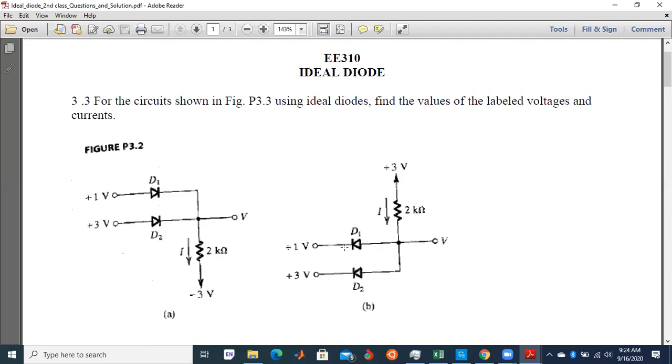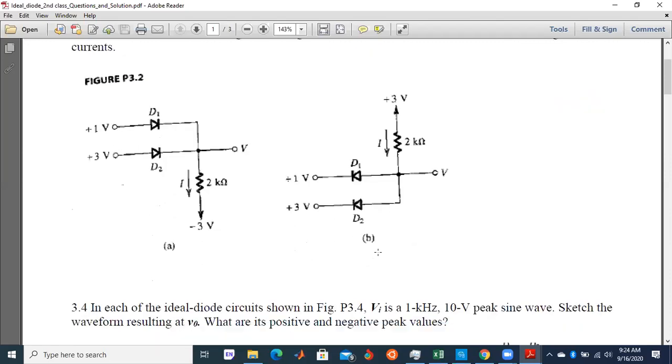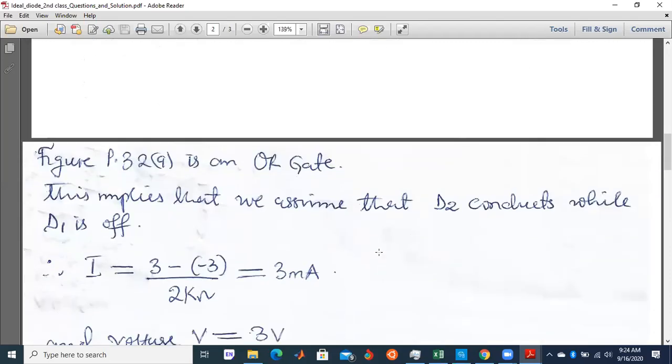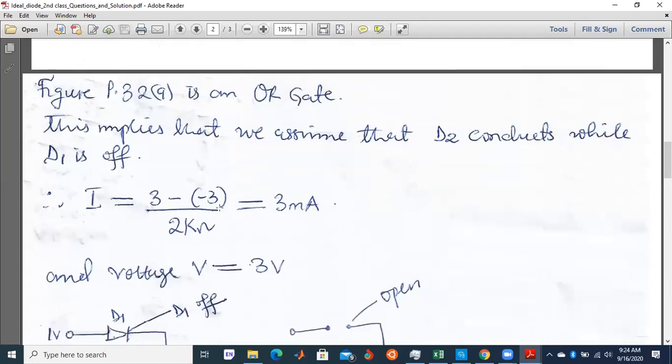What will now be the value of the voltage here? Can someone tell me what will be the value of voltage here? 1 volt, because diode 2 will be shorted. So this is the solution now.